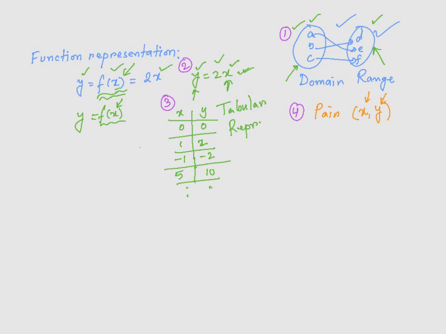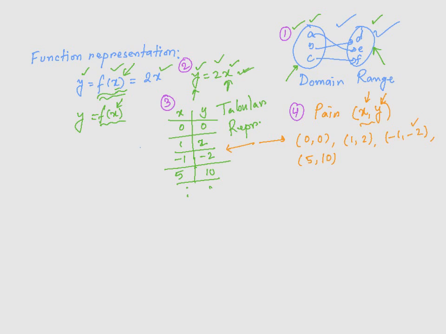So if we look at this table, we can just represent these numbers as 0, comma 0. Then 1, comma 2, negative 1, comma negative 2, then 5, comma 10. You see, the same thing could be represented in this way. Okay, it's a pair.